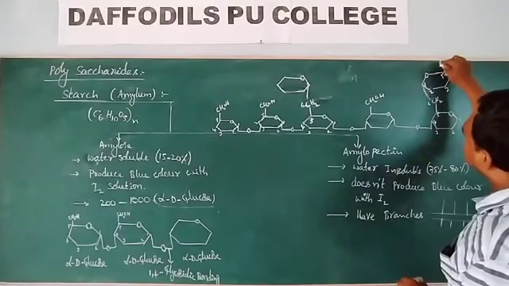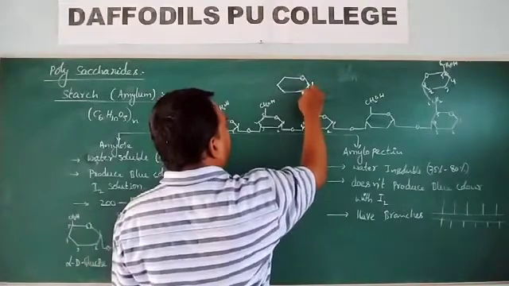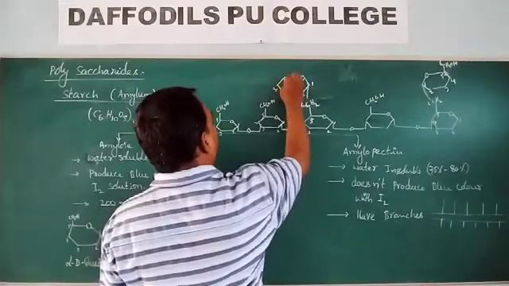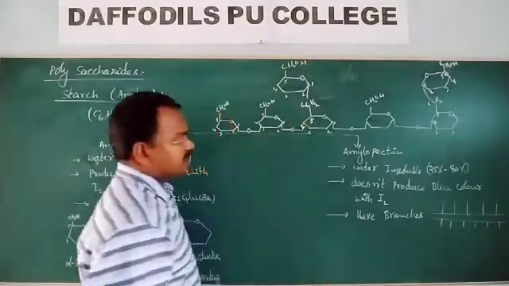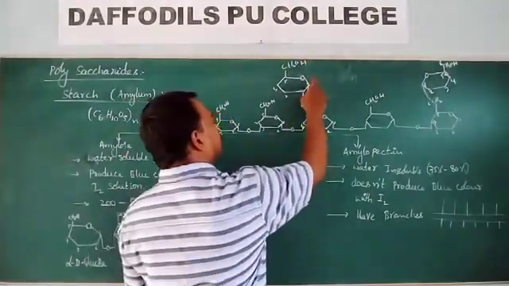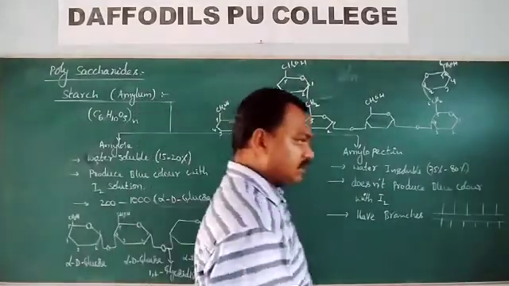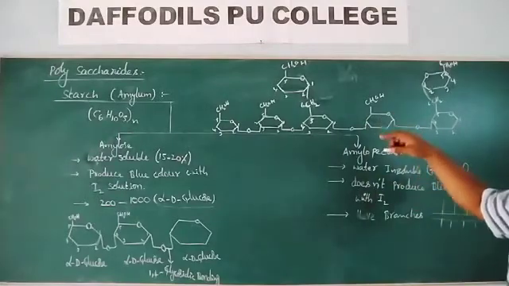This is 5, this is 6. 1, 2, 3, 4, 5, 6. So branch chains are present at what places? 6 and 1. So the 6th carbon is bonded with the first carbon.